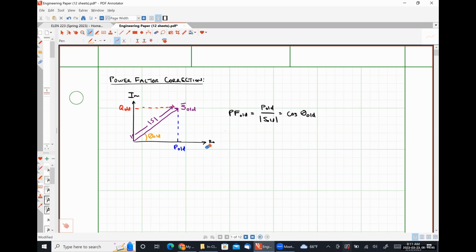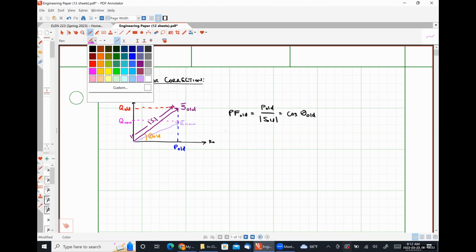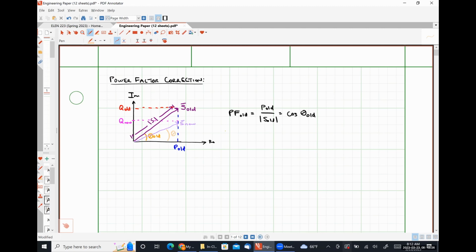So we want Q to be smaller, right? So if, for example, we had some new Q, like so, while holding our average power constant, like this, we get a reduction in our power factor angle, which corresponds to an increase in our power factor, and we haven't changed our utility bill at all, right?